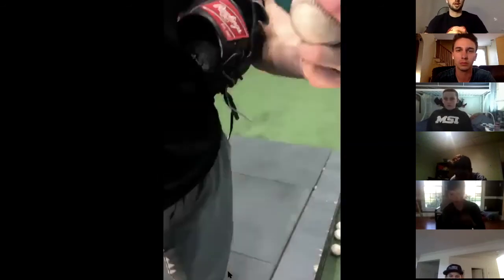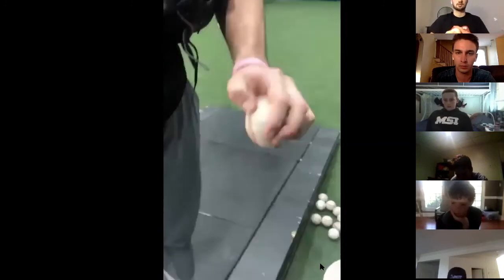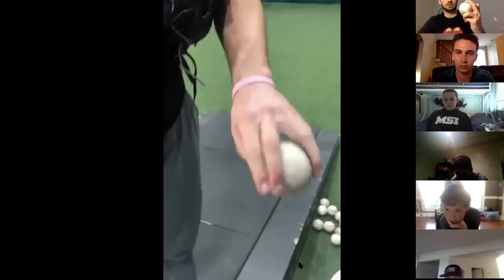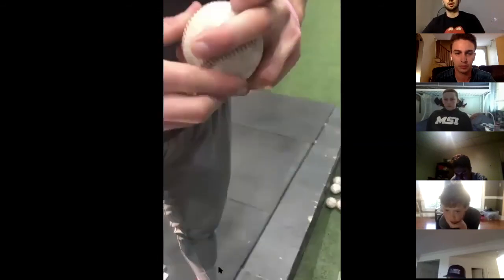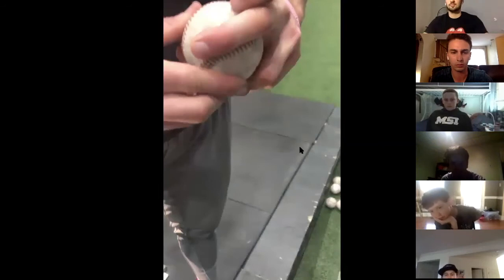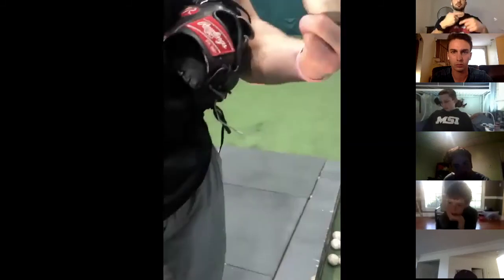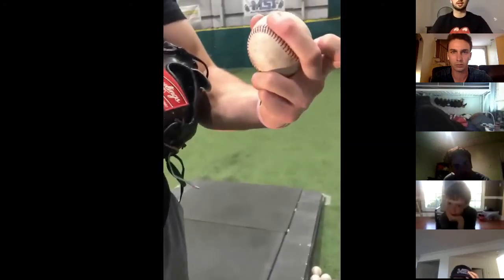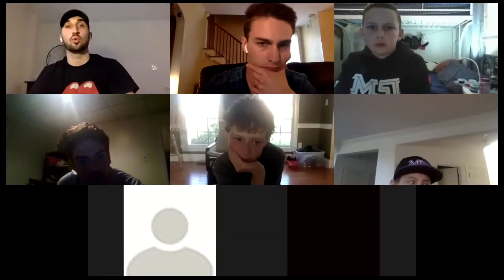Guys with smaller hands, that's going to be a tough grip to get from seam to seam. Even for someone like me who has bigger hands, it's hard to get all the way from seam to seam. But he does a really good job of creating top spin. I think his curveball is around 70% spin efficiency, so 70% of that is probably top spin. That's because he's able to get that middle finger over and that index finger stays out of the way.